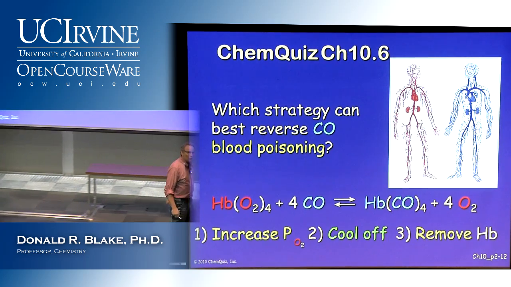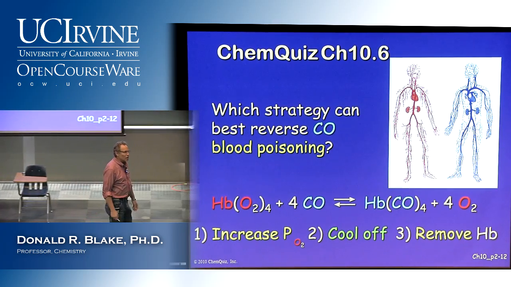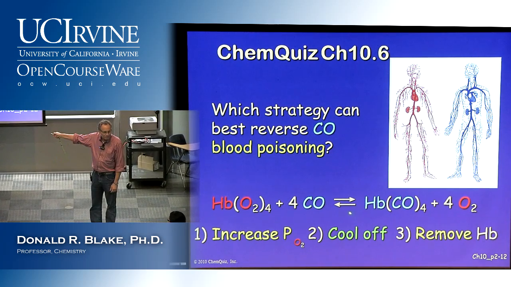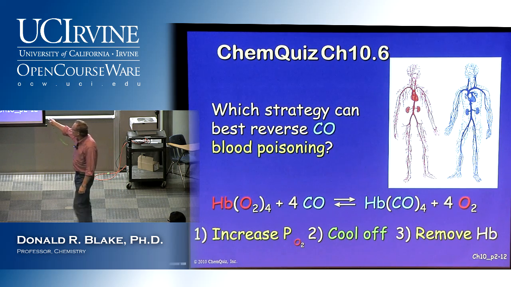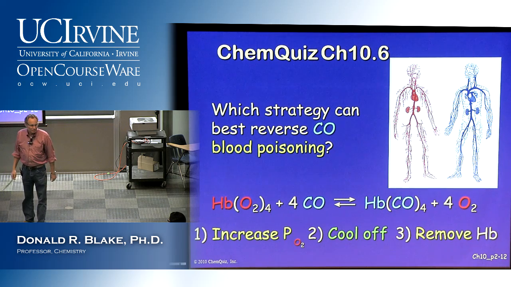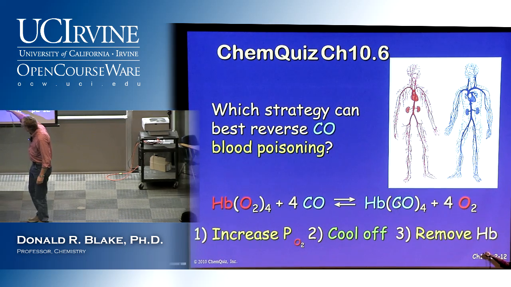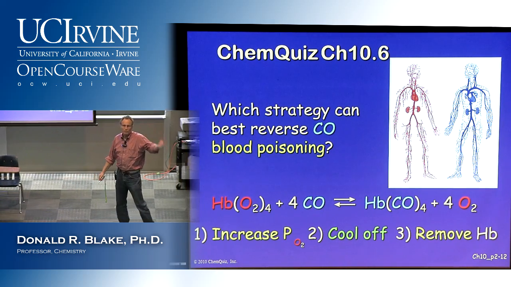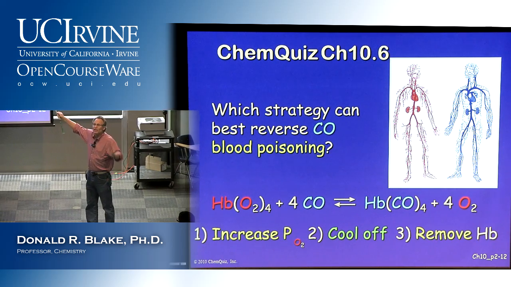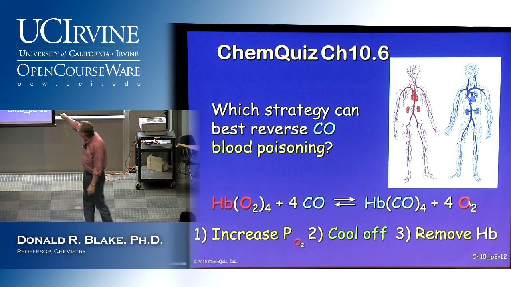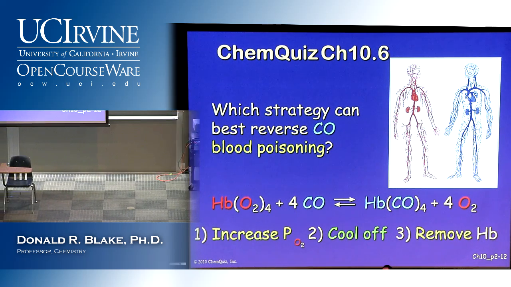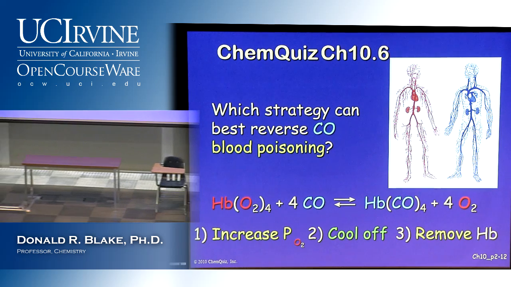So how would we help somebody who had CO poisoning? Here's the equilibrium: products, reactants. How would we force this reaction back that way, to get rid of the CO and make it free CO? We've talked about a variety of things. You can increase the concentration on this side, but we've also learned about pressure, volume, and temperature.